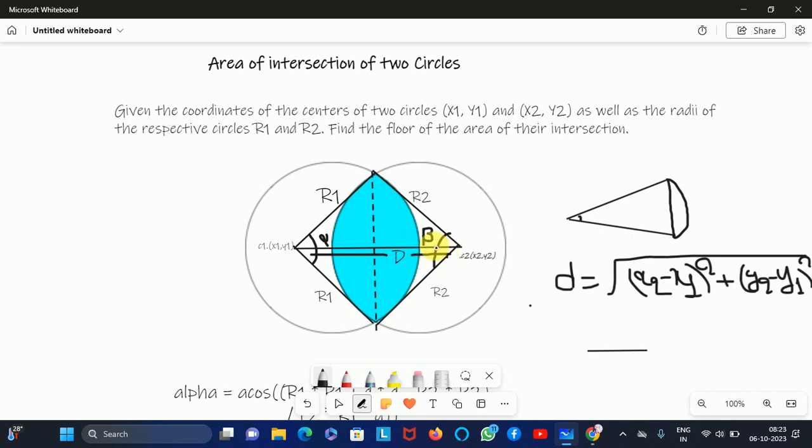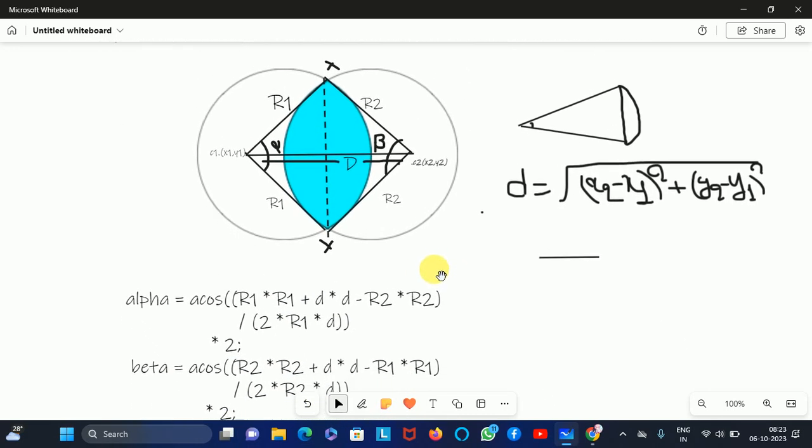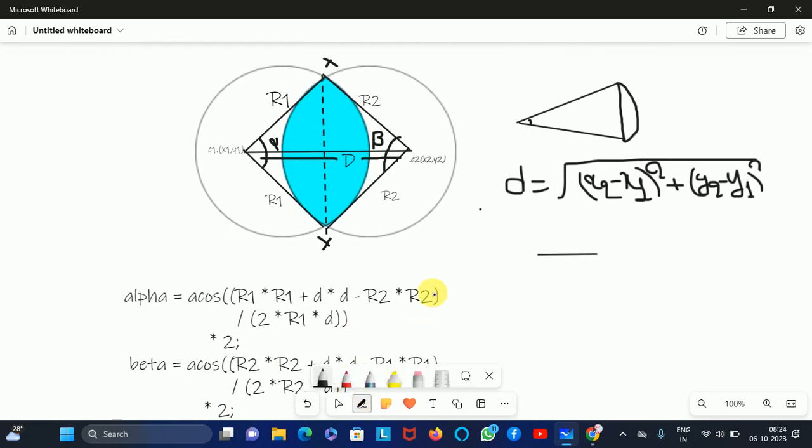Then let the given points of intersection be x and y. I have drawn a sector: this is c1, and this is x and this is y.